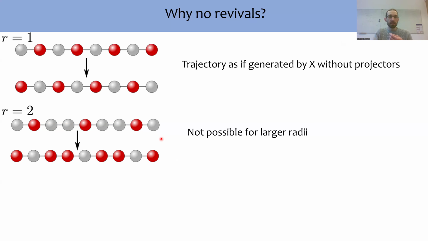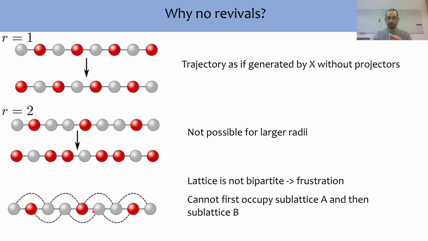And why is that? Essentially, it's because the lattice is not bipartite. Even though we represent it as a 1D chain, we now have interaction between next nearest neighbors, because this atom and this atom still feel the blockade, so they interact. So if instead of just drawing a 1D chain, I draw all the interactions, with all the atoms that interact with each other connected, I get this instead of the simple 1D chain.